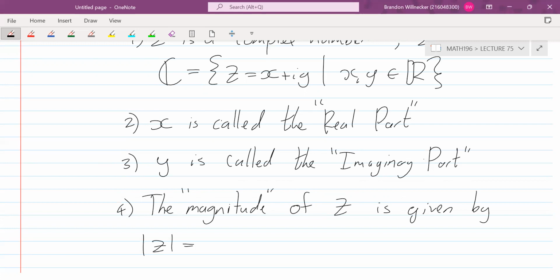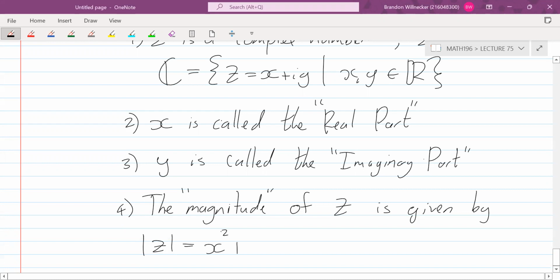So it's like the magnitude of z, the norm of z, or the length of z, but it's just a number. It's not like a vector with components, but we'll see later on we can think of this as having components. The magnitude of z is equal to the square root of x squared plus y squared.